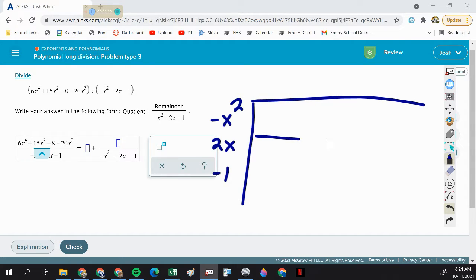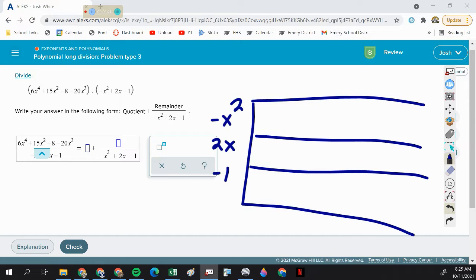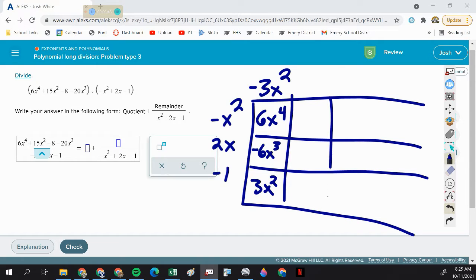I don't know how many columns there are going to be. 6x to the 4th goes in the first box. What goes above that? Negative 3x squared. And then negative 3x squared times 2x is negative 6x to the 3rd. Negative 3x squared times negative 1 is 3x squared.